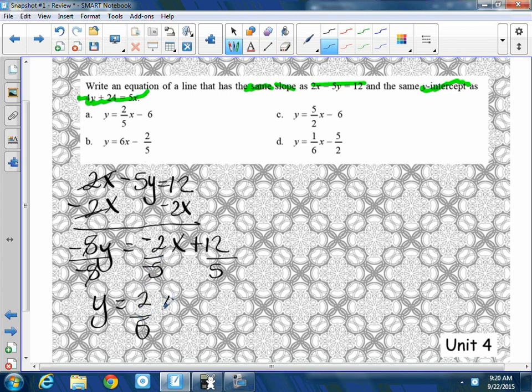So the slope of this one is 2/5. Oh, there's only one that has 2/5 as the slope, so I can stop. It's letter A.